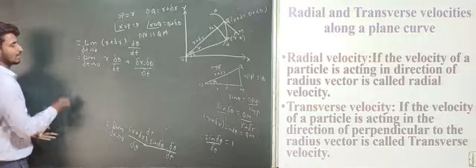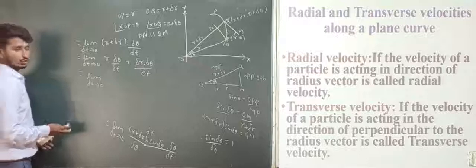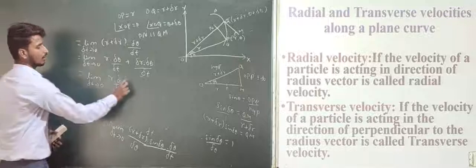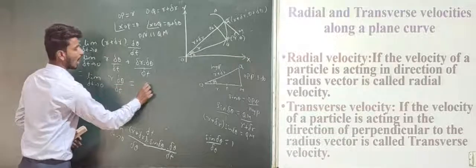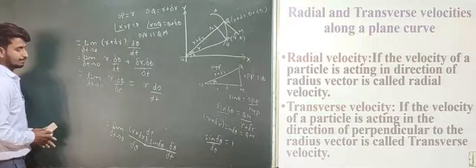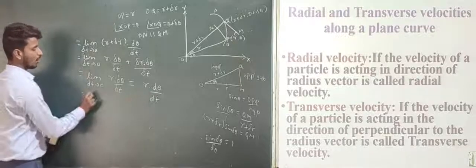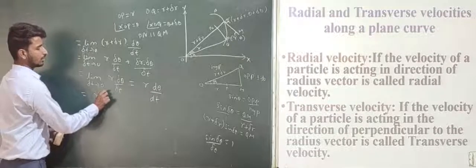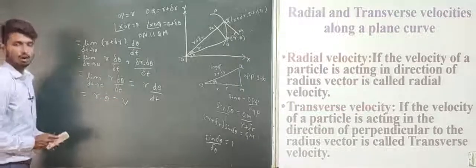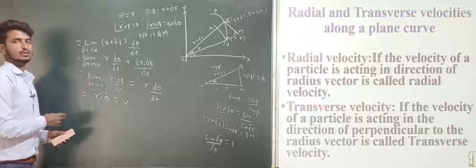We can write it as limit delta t tends to 0 of R into delta theta divided by delta t, which is R into d theta by dt, or R theta dot, also denoted as v. This is the transverse velocity. This is about radial velocity as well as transverse velocity.